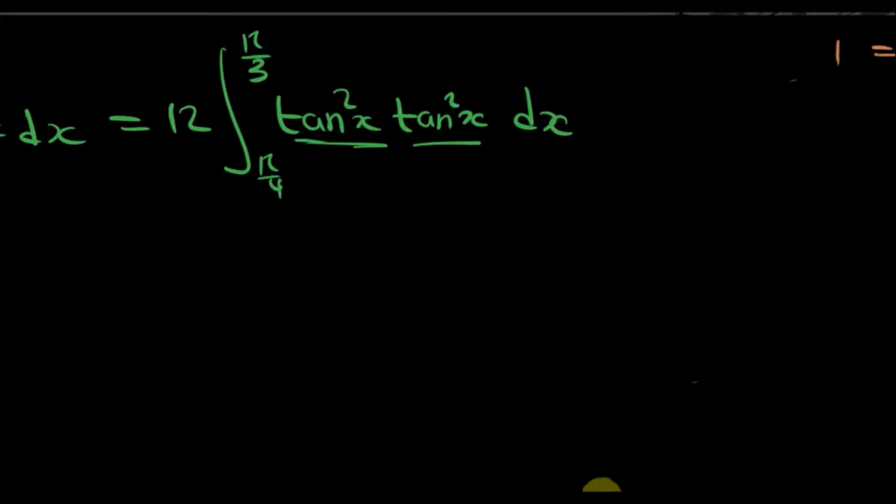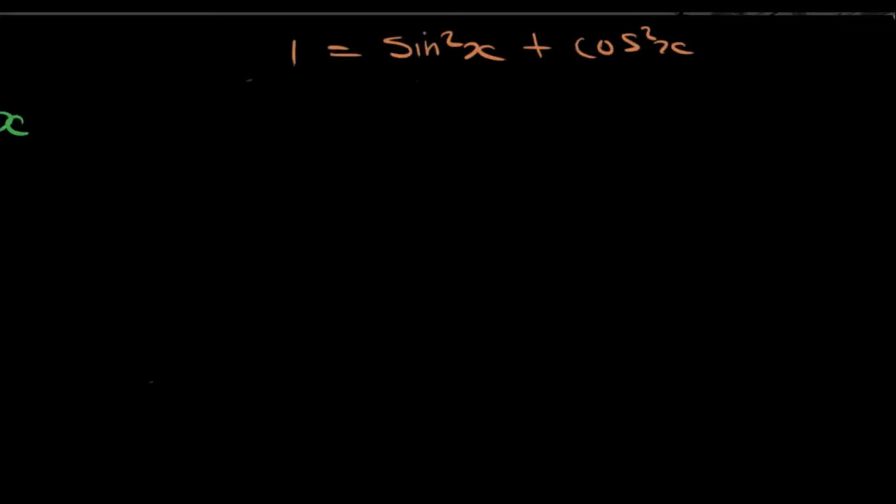So what happens if we divide this sine squared by cos squared x? Well, we already know that sine x over cos x is the same thing as tan x.